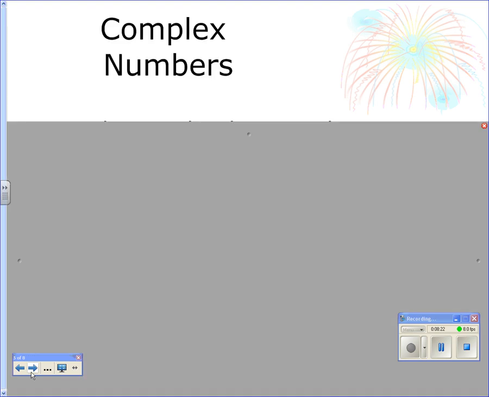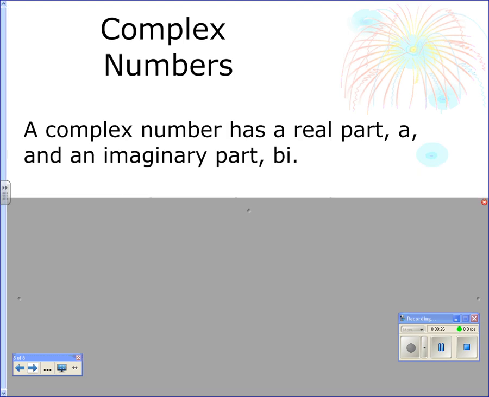Okay. All right, looking at complex numbers. There's a real part, which is the a, and an imaginary part, the bi. Remember complex numbers before the break? A plus bi. A is the real part, and bi is the imaginary part.